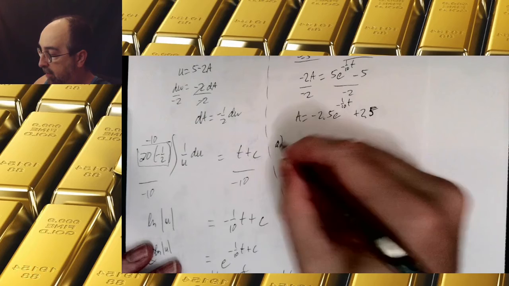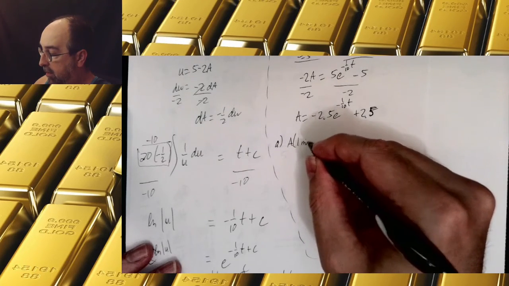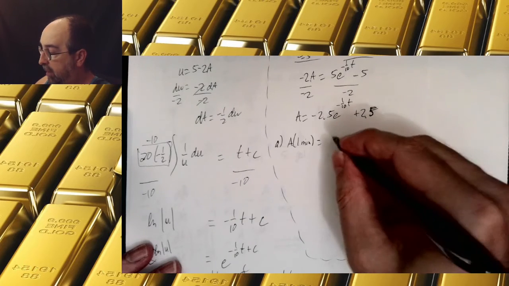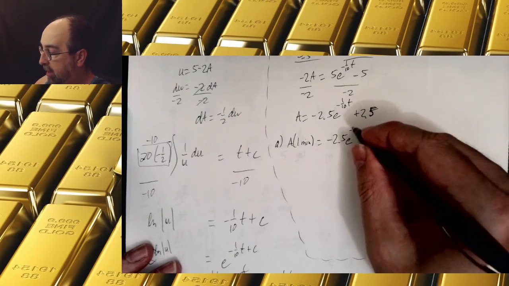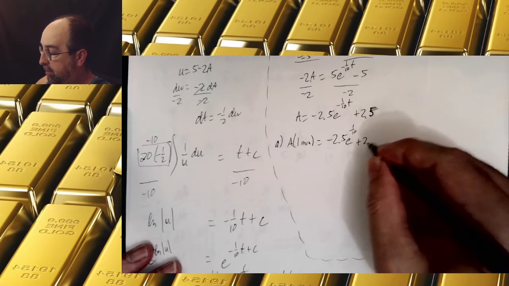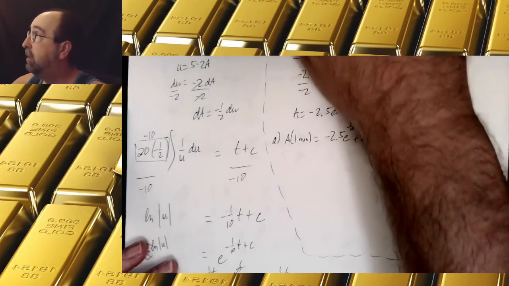So for part A, the amount of salt after 1 minute would be negative 2.5 e to the negative 1/10 plus 2.5. I believe a calculator will give us that.